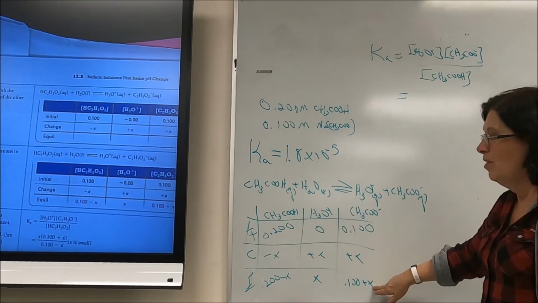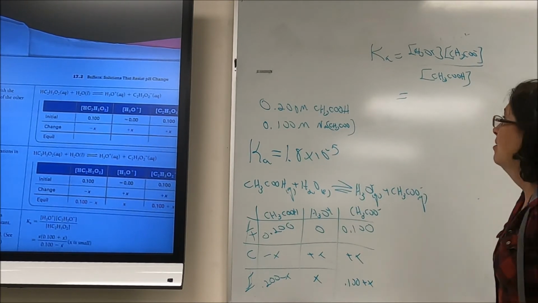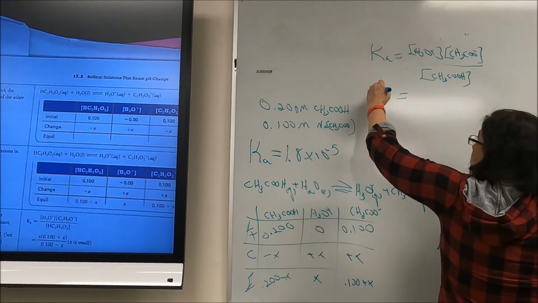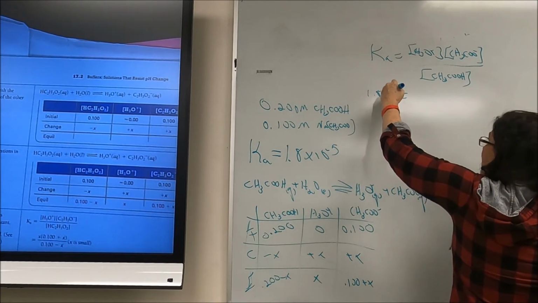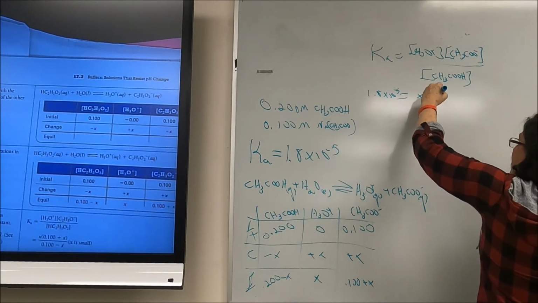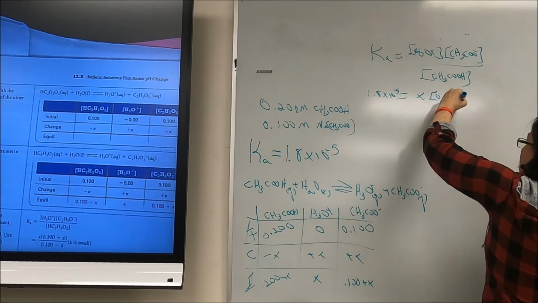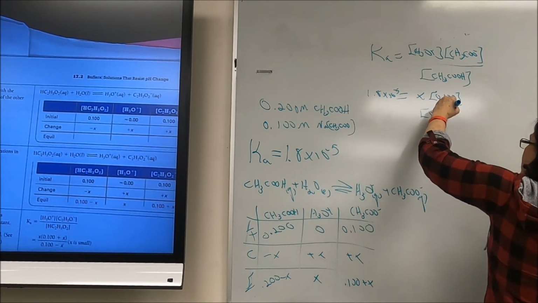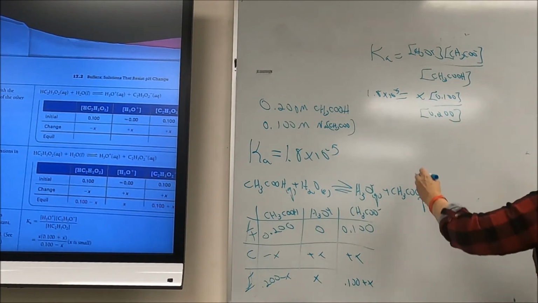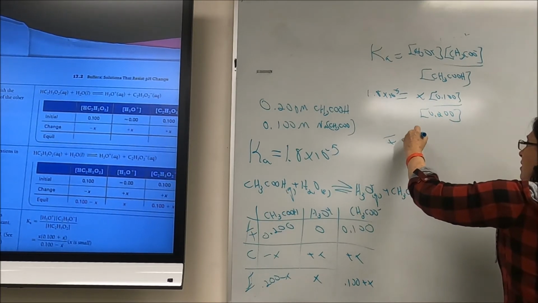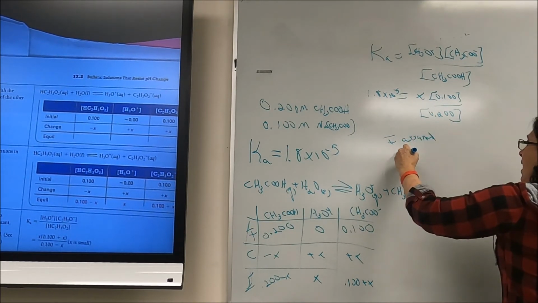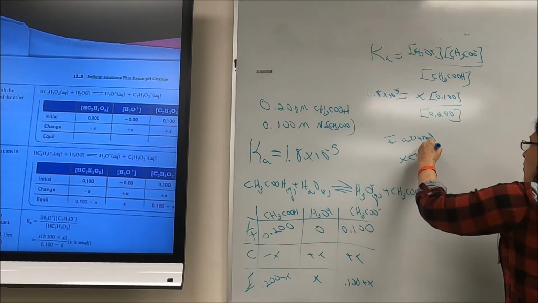Now, look at the size of Ka. I'm going to assume that X is going to be less than 0.1. So I'm going to go 1.8 times 10 to the minus 5 is equal to X times 0.100 over 0.200. And I assumed that X is going to be much, much less than 0.100.